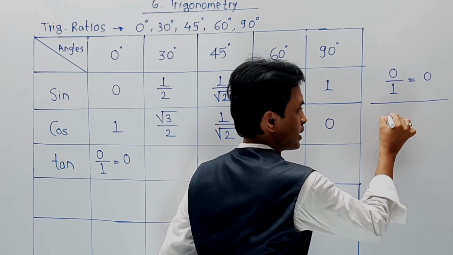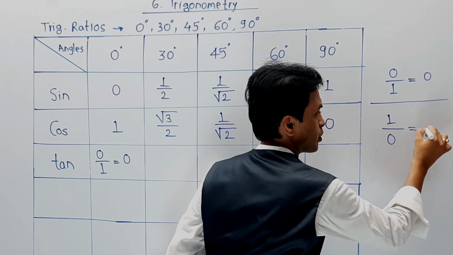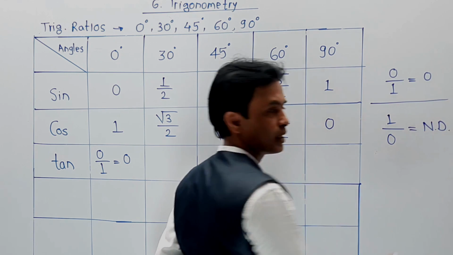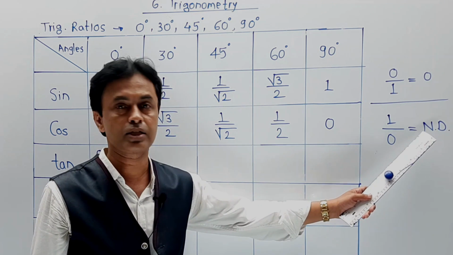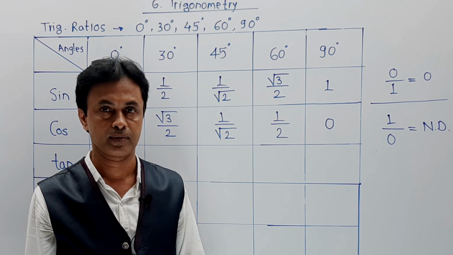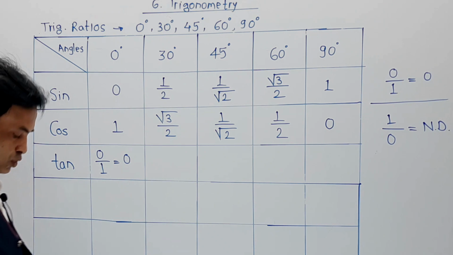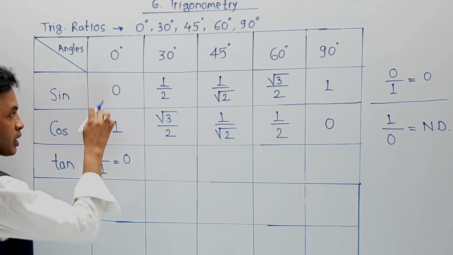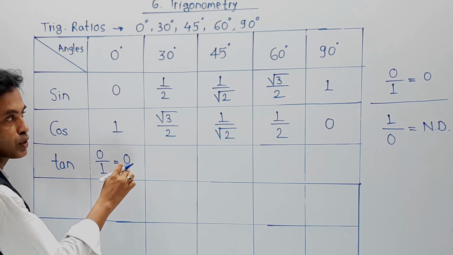For example, if I write 1 upon 0, then you have to write not defined. So in this table, instead of writing not defined, I have taken a shortcut, that is n dot d. Remember it very carefully. So starting from that part over here, 0 upon 1, that becomes 0.